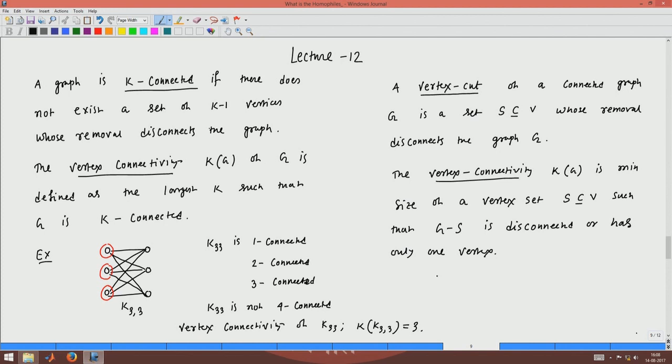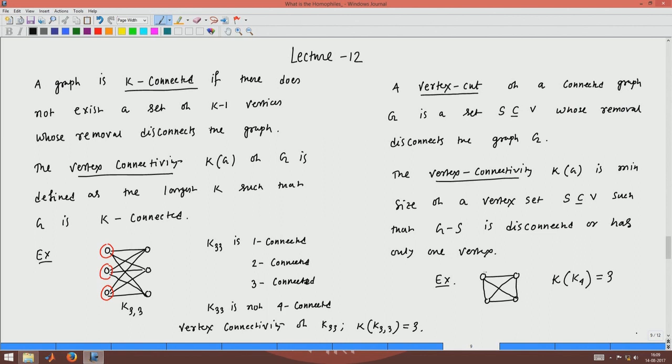Let me take another example of say K4, it is a complete graph with 4 vertices. Now, here you can see that, what is the vertex connectivity of this graph? It is not difficult to observe that the vertex connectivity of this graph K4, complete graph with 4 vertices, is equal to 3.